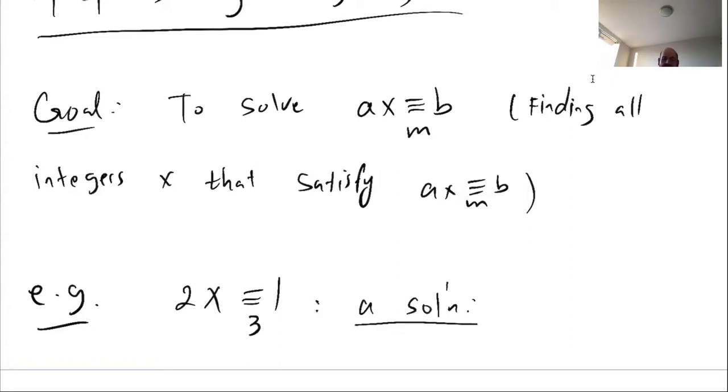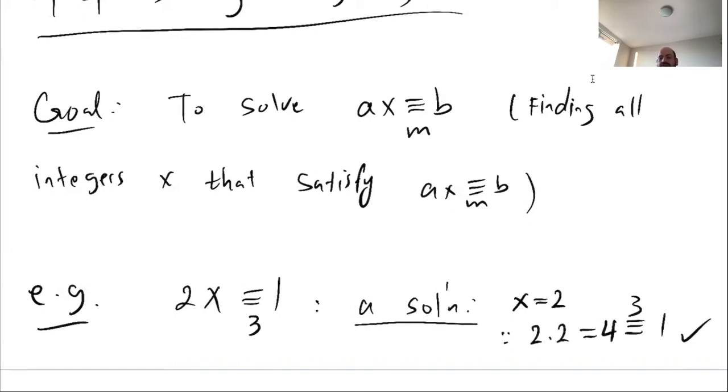Well, if x is 1, 2 times 1 is 2, which is not 1 mod 3. But if x is 2, then 2 times 2 is 4, which is 1 mod 3. 4 is 1 mod 3 because 3 divides 4 minus 1.